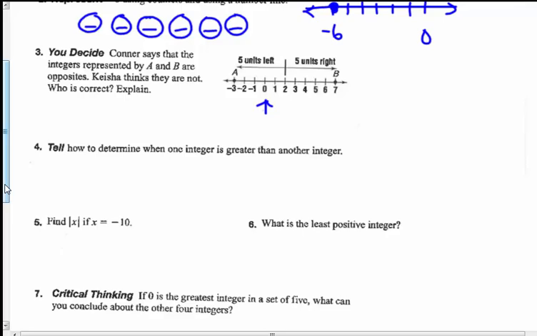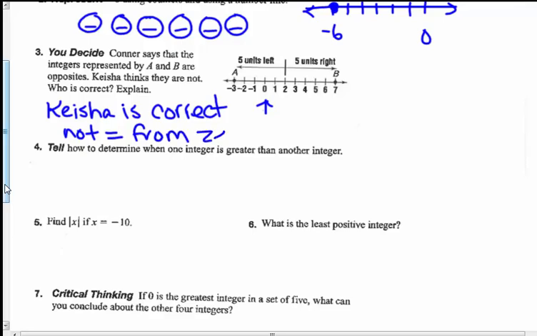Negative 3's opposite is positive 3. And that's why, because they are not equally distant from 0. Keisha is correct. That's what opposites are.